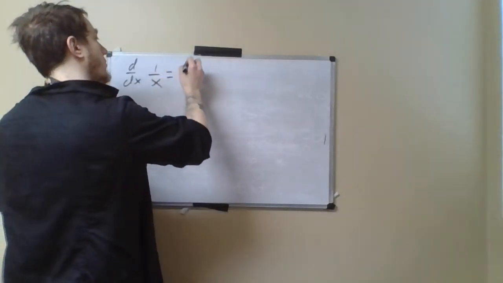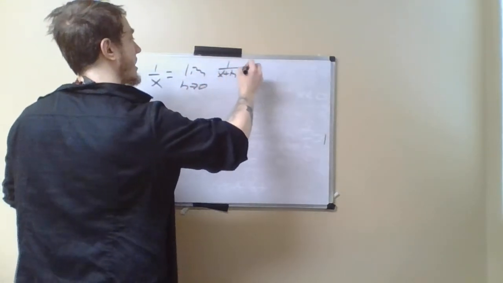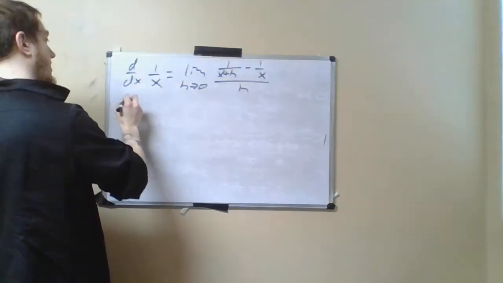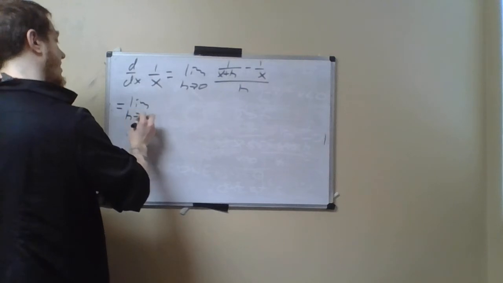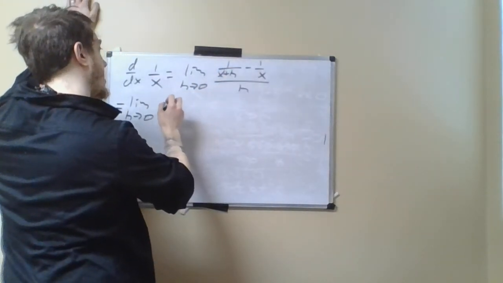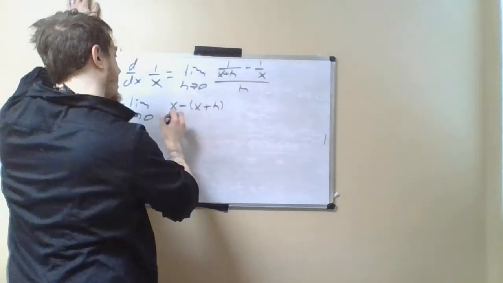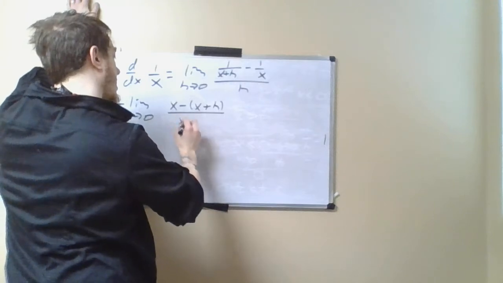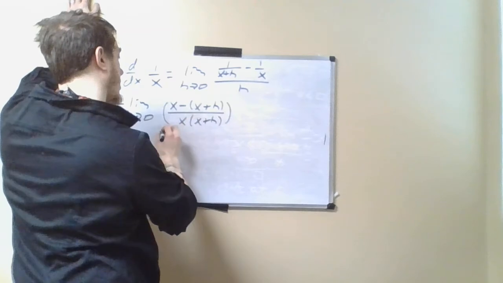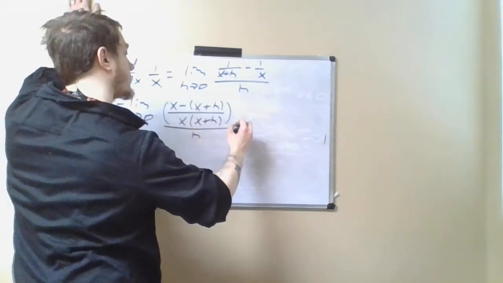Okay, so what do we have? The limit as h goes to 0 of 1 over x plus h minus 1 over x, all divided by h. If I cross multiply this, this is going to be x minus x plus h, divided by x times x plus h, all divided by h.